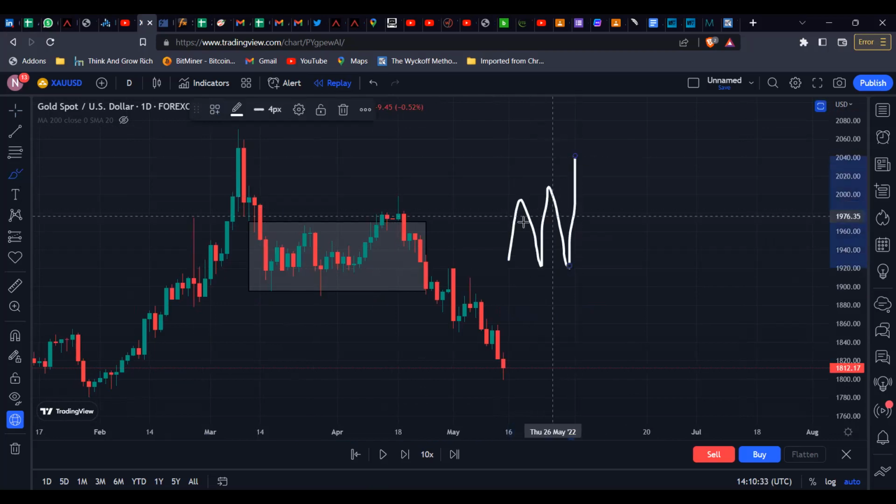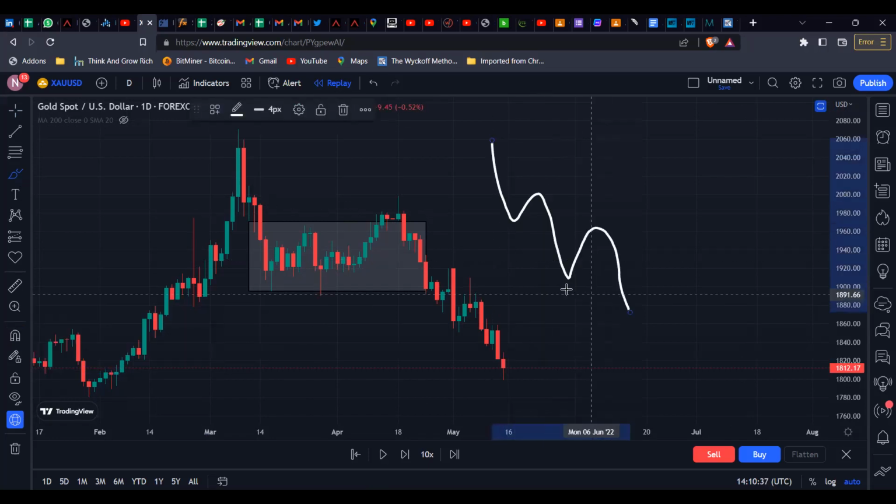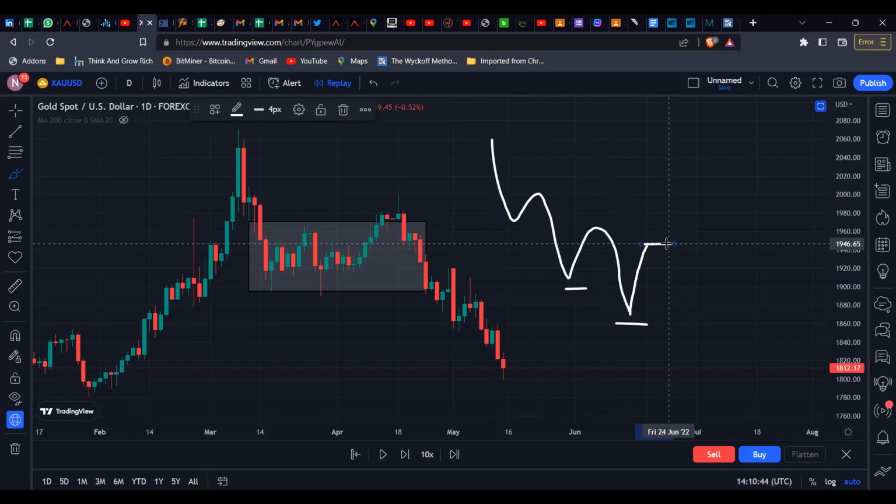Let me draw this again. Let's say price has been bearish, we would have a preliminary support, a selling climax, the market will go up and make an automatic rally, right? And then we'll have our secondary test.